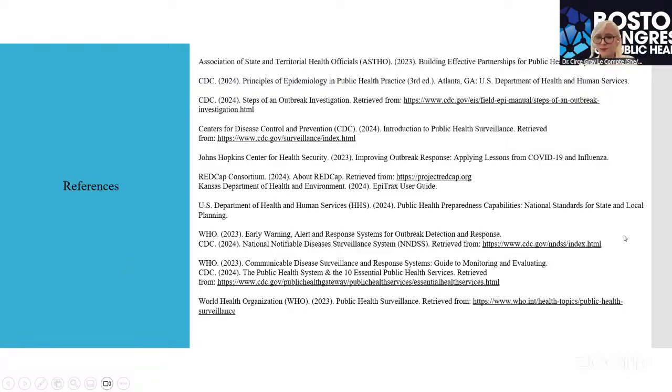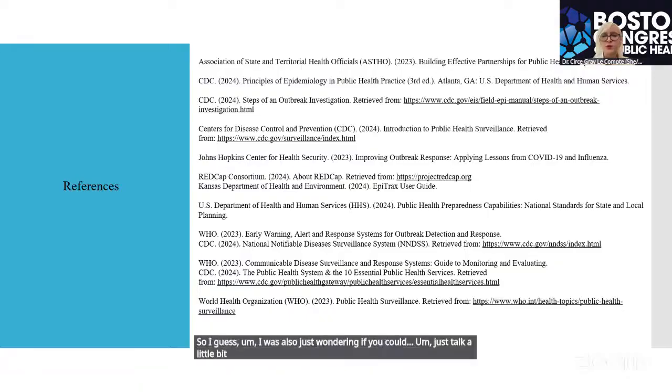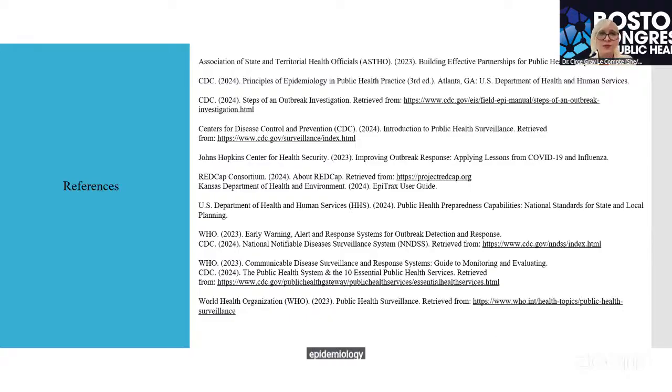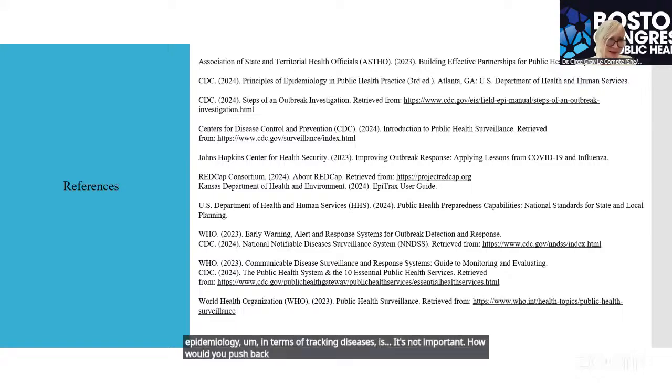So I was also wondering if you could talk a little bit about folks who might say that epidemiology in terms of tracking diseases is not important. How would you push back at that? Oh, it's very important.